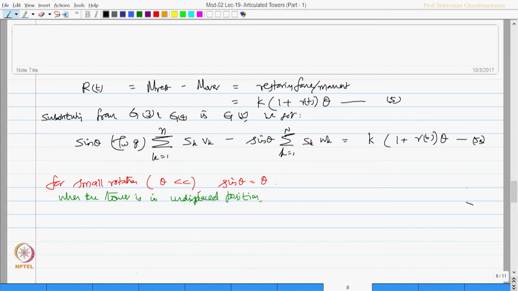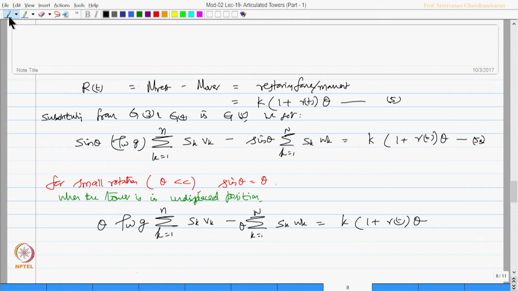So, I should say rho w g summation k equals 1 to n Sk Vk minus summation, there is theta here, summation k equals 1 Sk Wk theta is equal to k of 1 plus r t theta.